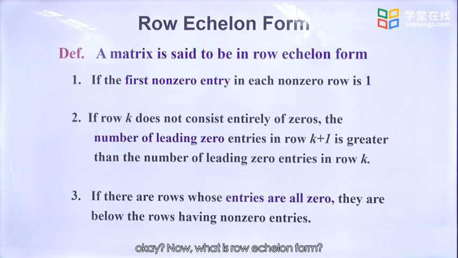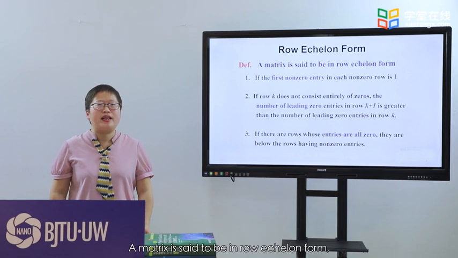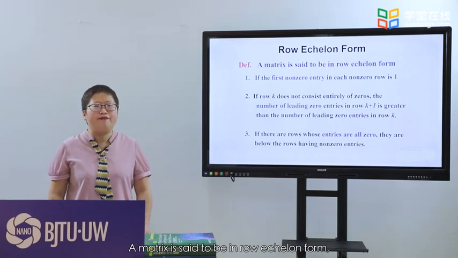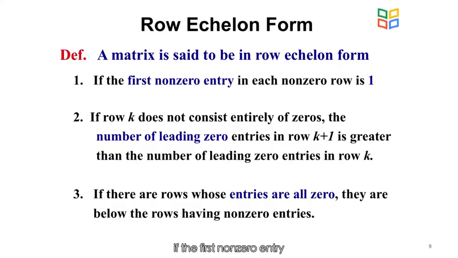Okay. Now, what is a row echelon form? We give the definition here. A matrix is said to be in row echelon form if the first non-zero entry in each non-zero row is 1. We require this condition.